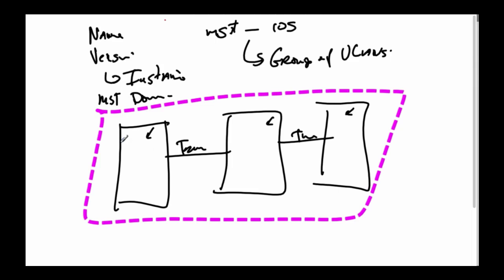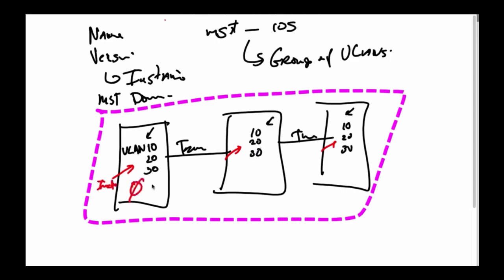So when I do my MST configuration, I create, say, VLANs 10, 20, and 30. Now I need to actually assign these to an instance.